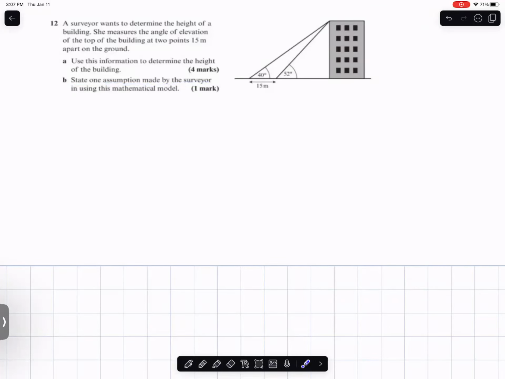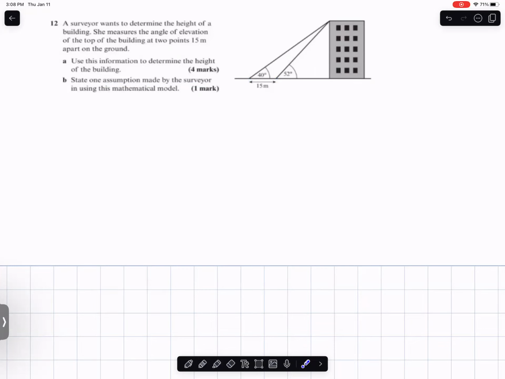So we are going to look for the height of the building, which is from this point here. And we have the distance from this point to this point as 15 meters.